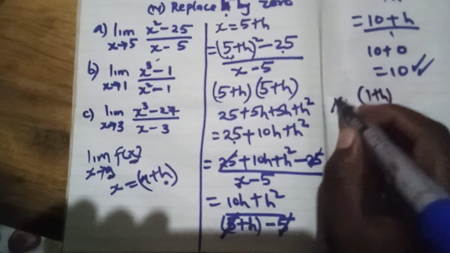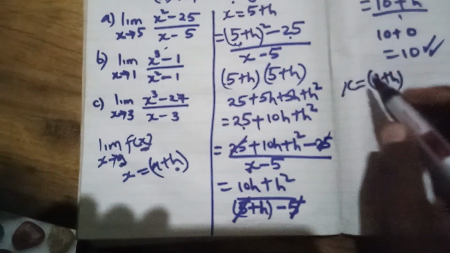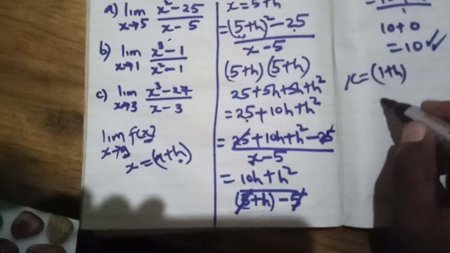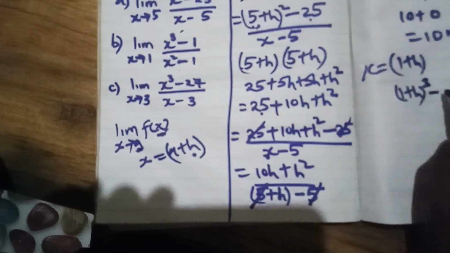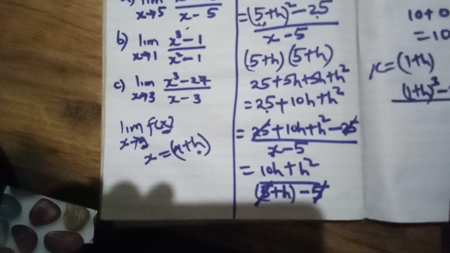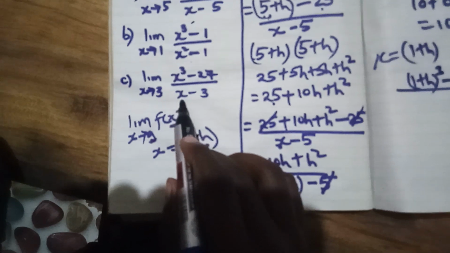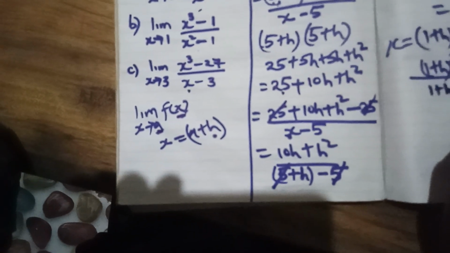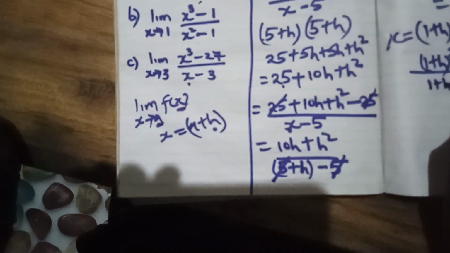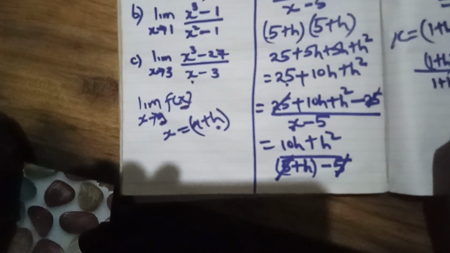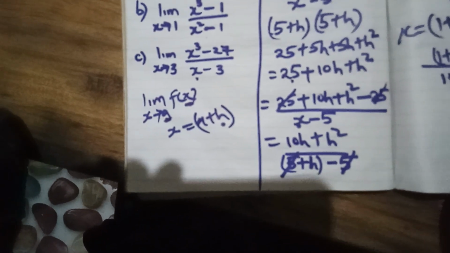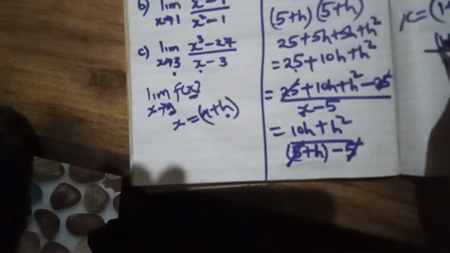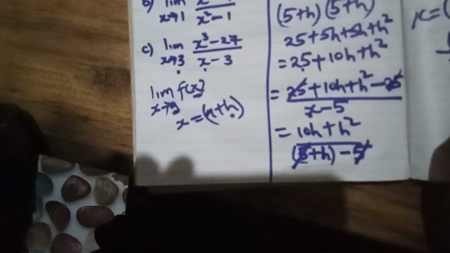This is our x. Then the question becomes (1 plus h) all cubed minus 27, divided by our x, which is h plus 1 plus h minus 3. Sorry, here it was the limit of 3, so here is 3.